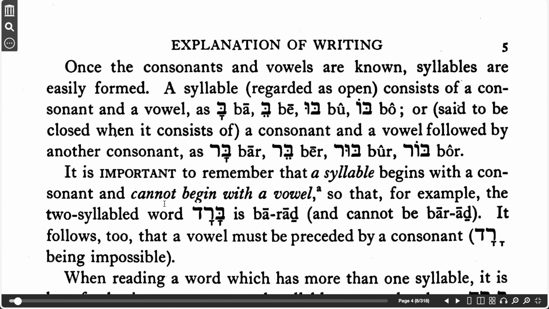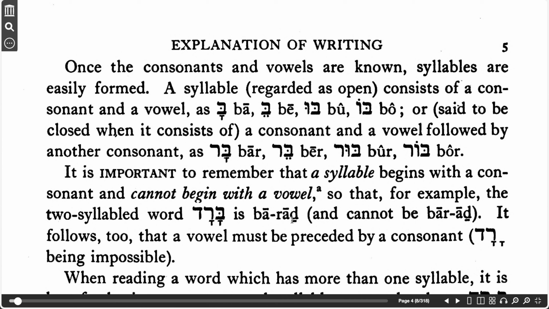So, for example, the two-syllable word barad. Technically, I'm pronouncing it hard. It's really barath, a softer sounding D, right? It cannot be bar-oth.